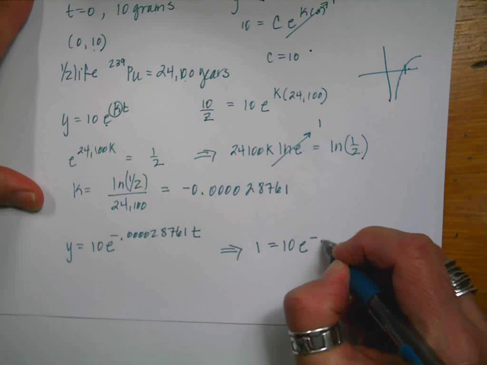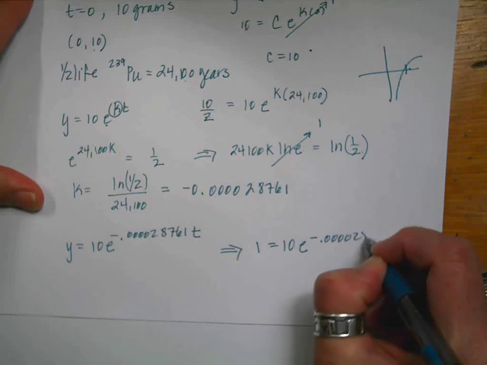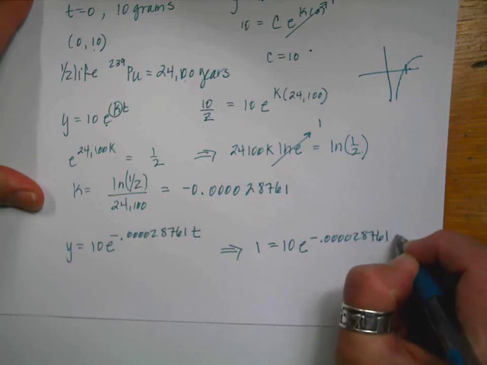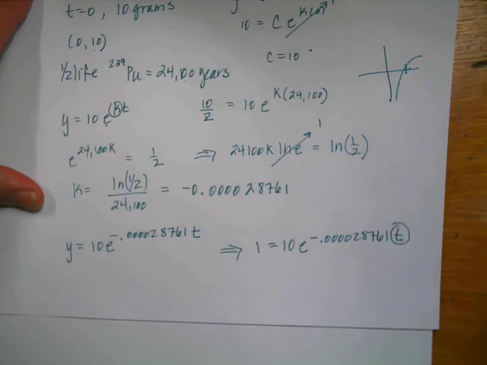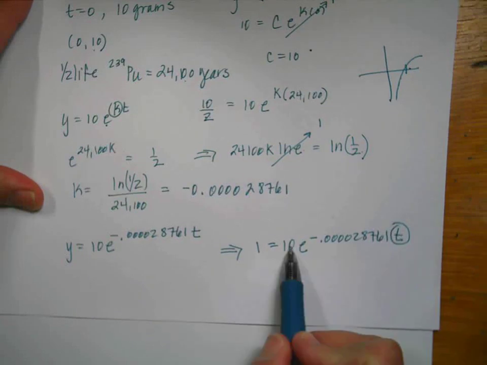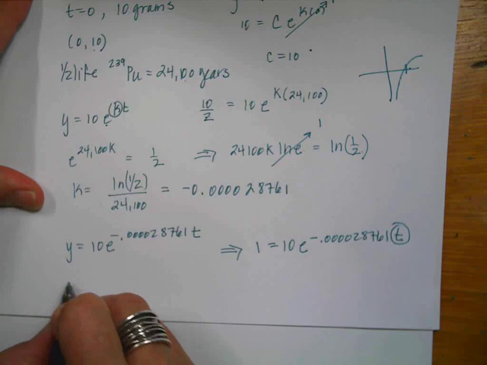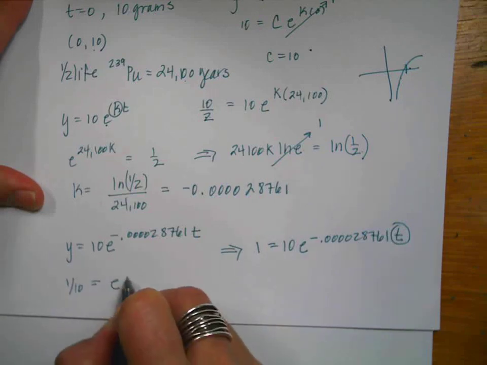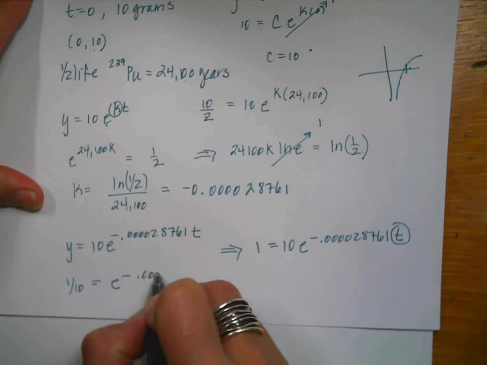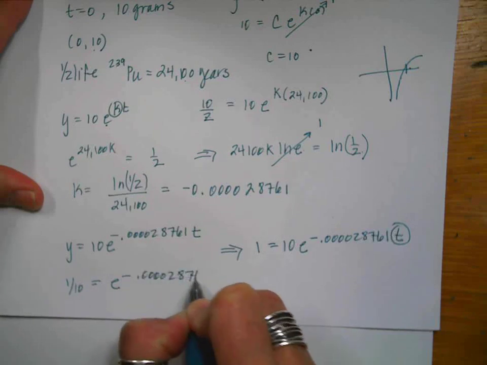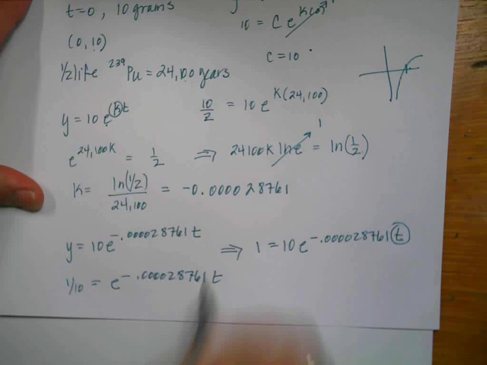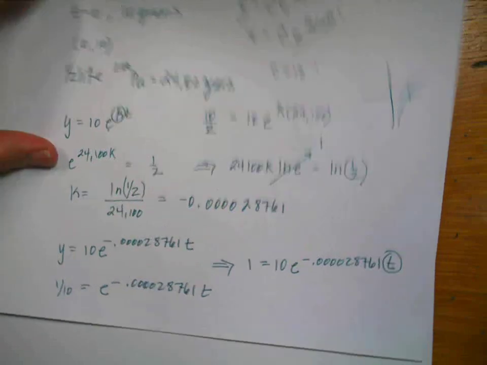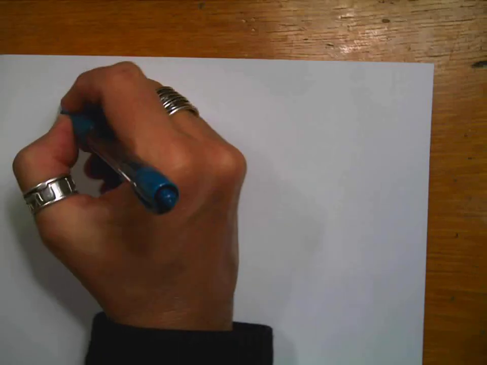So I'm going to substitute in a 1 equals 10e to the negative 0.123428761t. The goal is to solve for t, so I'm going to divide by 10. 1/10 is equal to my e to the negative 0.123428761t.